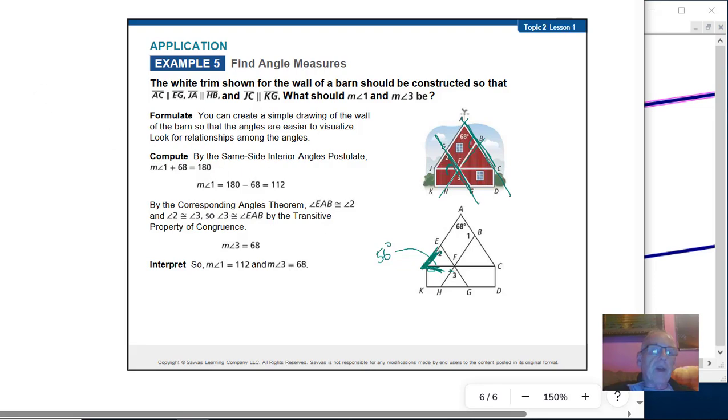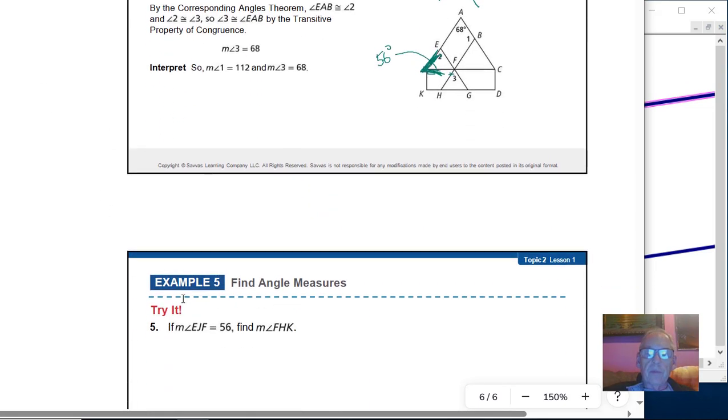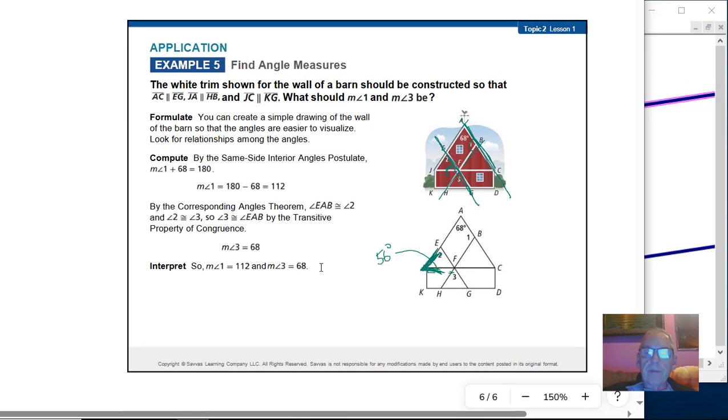And they want us to find angle FHK, F to H to K. Let me change colors. They want us to find this angle here.